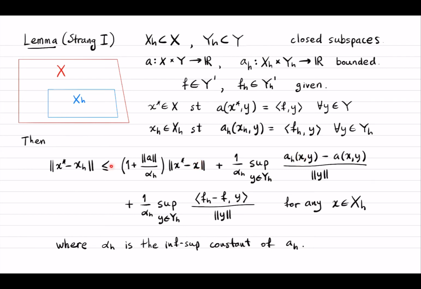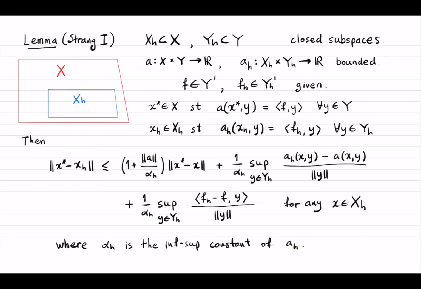So if we have the infimum over x here, that should be over the combination of these two terms. And the third term is the consistency of the right-hand side, which is just the norm of F_H minus F in the dual space of Y_H. As noted before, alpha_H is the inf-sup constant of the discrete bilinear form A_H.